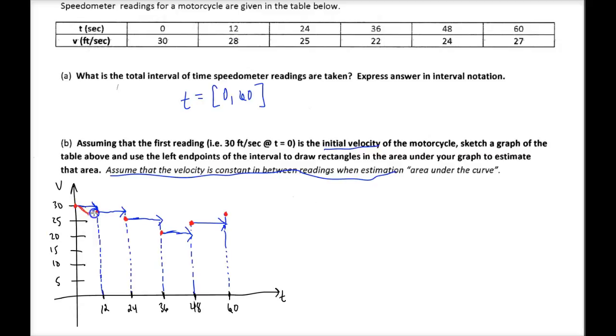The function will go like this, go down, come up, do like this, and then like that. For the first three rectangles I would have an overestimate, whereas for the last two I would have an underestimate. And the total area under the curve here, I'll go ahead and illuminate right quick.